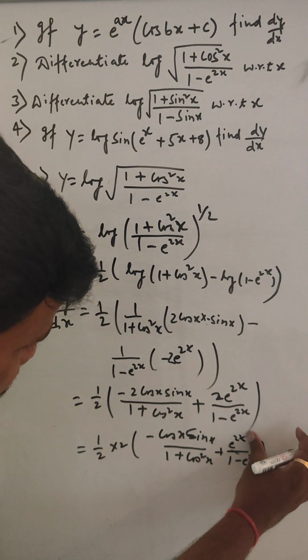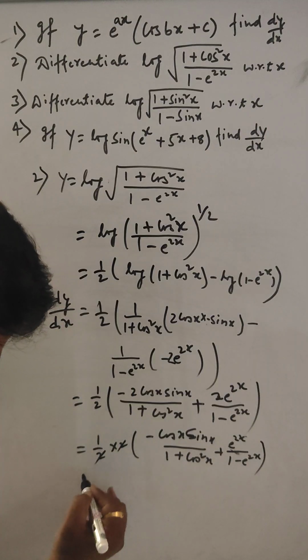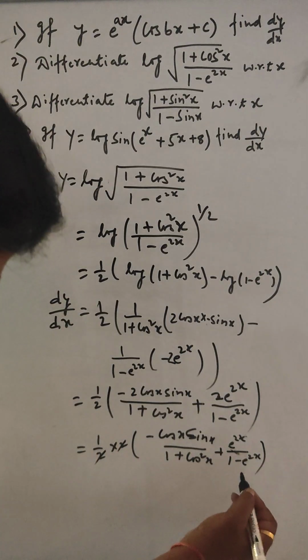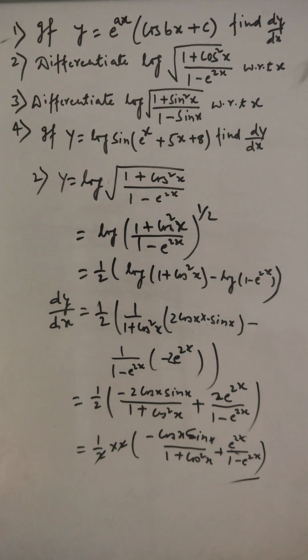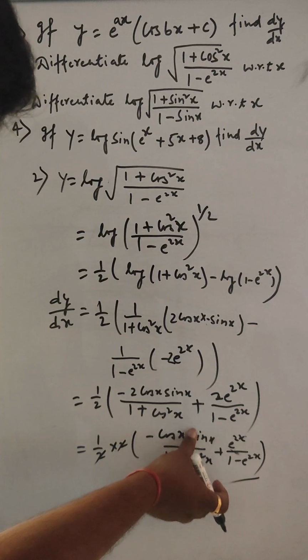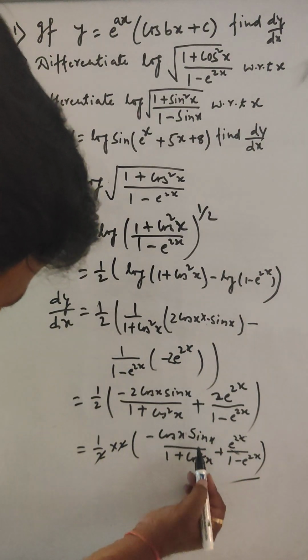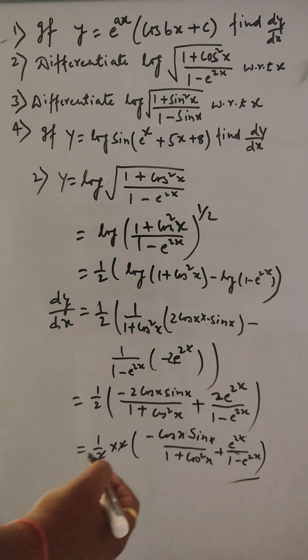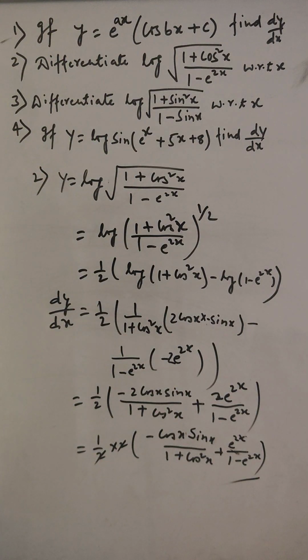Correct. And these two cancel. So in the simplified form we can write this much. Okay, so this is your solution. Okay, so this is the answer of your second problem.